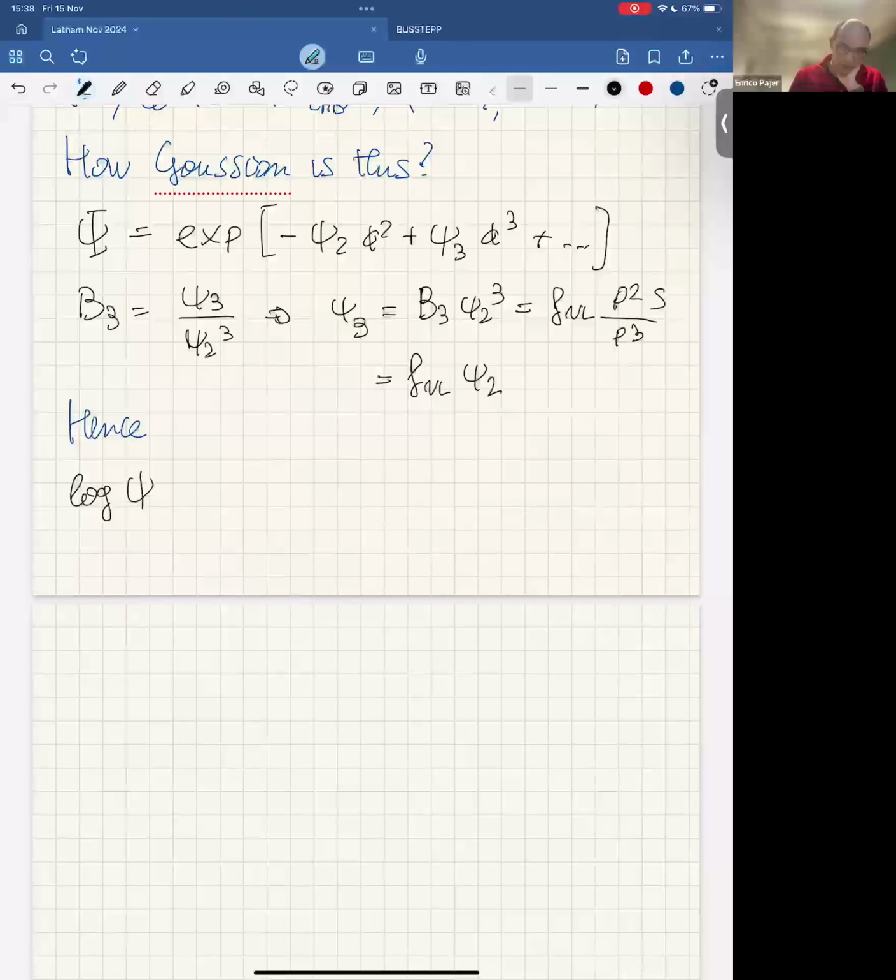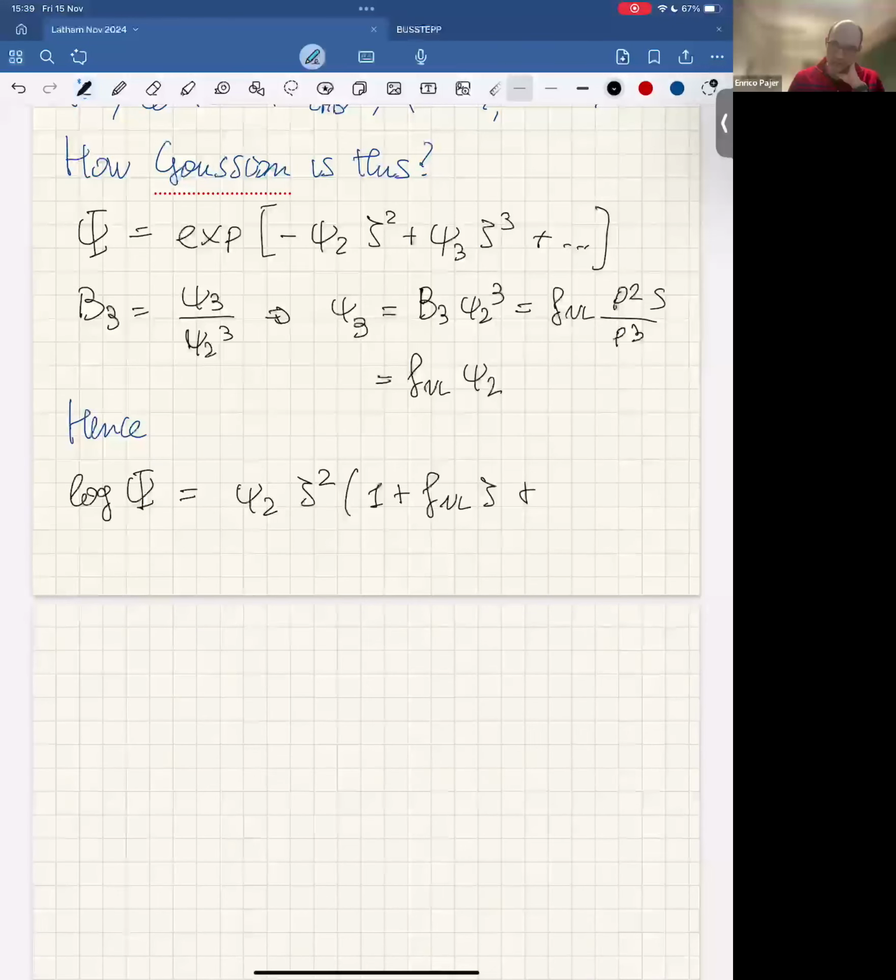If it was a perfect Gaussian, the log psi would just be psi 2 zeta squared. Oh, sorry, I should call this zeta, right? Because we're talking about the field zeta. This would be a perfect Gaussian, but in principle, it could be different from a Gaussian, and the difference is F_NL times zeta itself. So this would be the amount of non-Gaussianity, meaning deviation from it being a free theory.